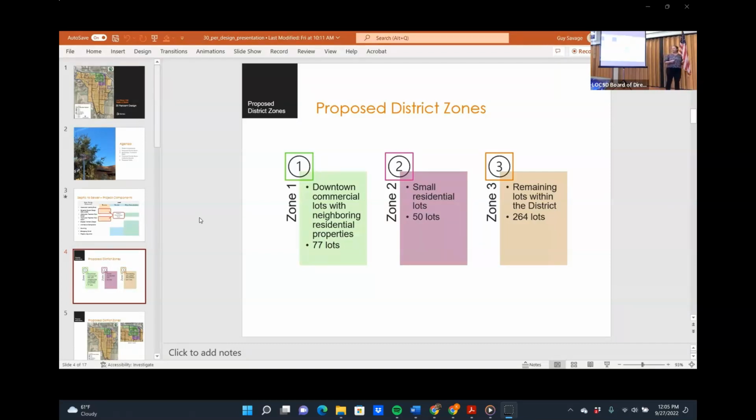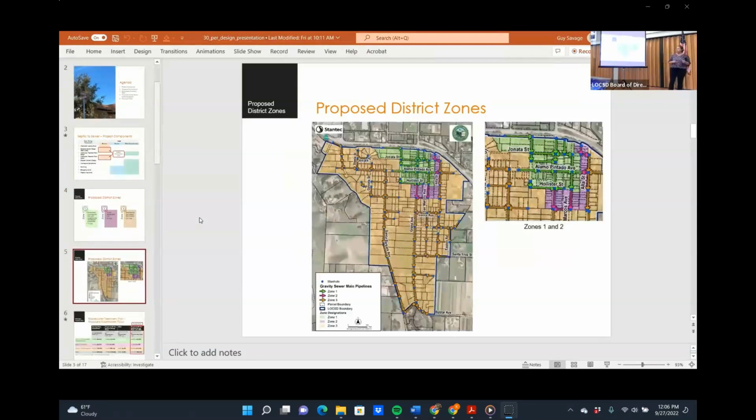So it's important when designing a treatment plant that you know what the makeup is. Zone 2 is the small residential lots that surround that area, and there's a map on the next page. And zone 3 is the remaining lots. Obviously, that's a much bigger portion compared to the first 120, the 264 remaining lots within the district boundaries. Next slide. I know it's small, but this is how the zones are broken out.